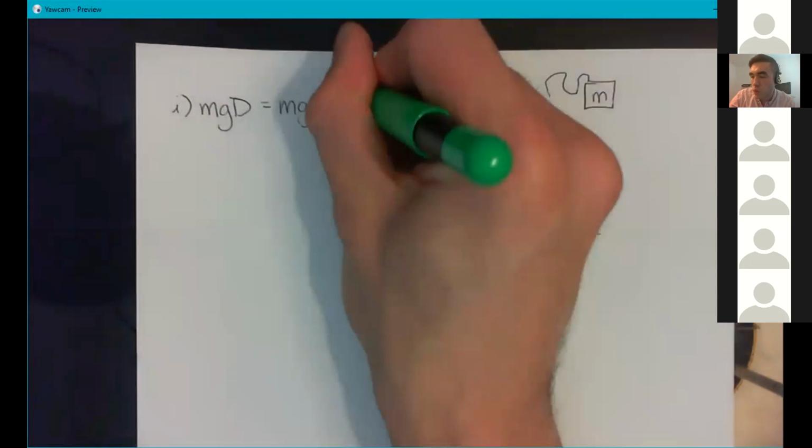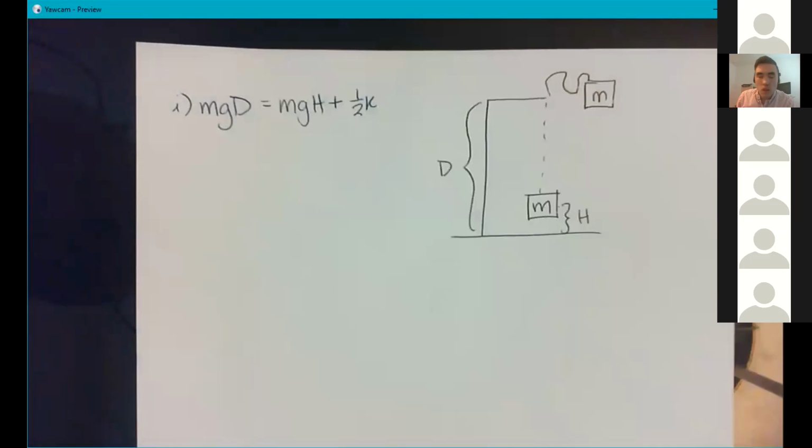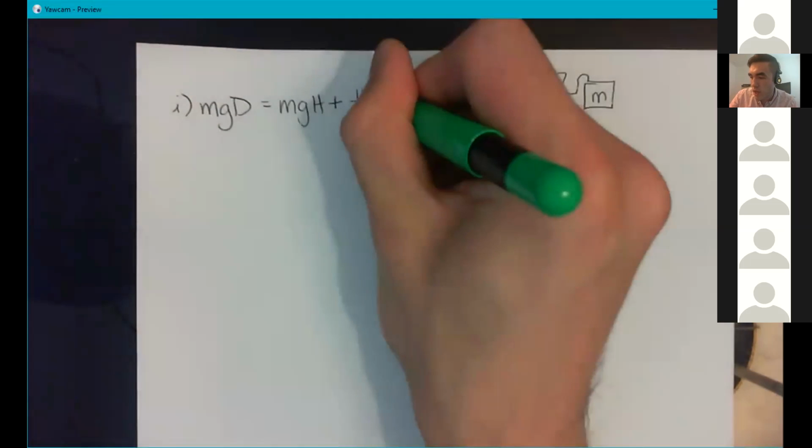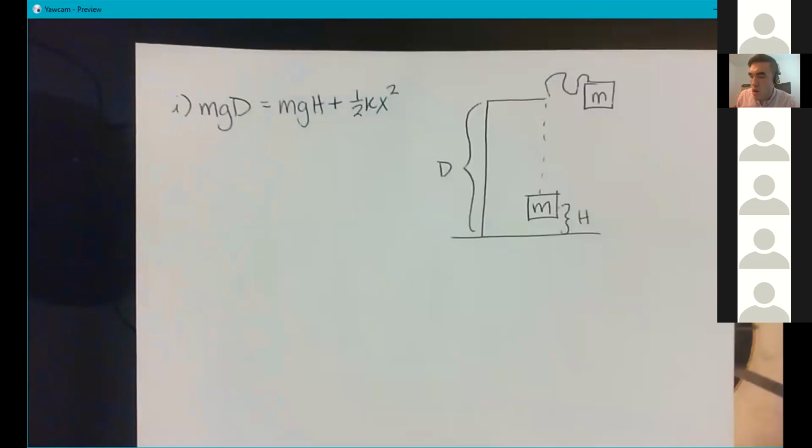So plus 1/2 k, and the amount that it stretches. The cord is an unstretched length of L. So we'll just say that the distance that it stretches is x. 1/2 k x squared, where x is the stretch length.